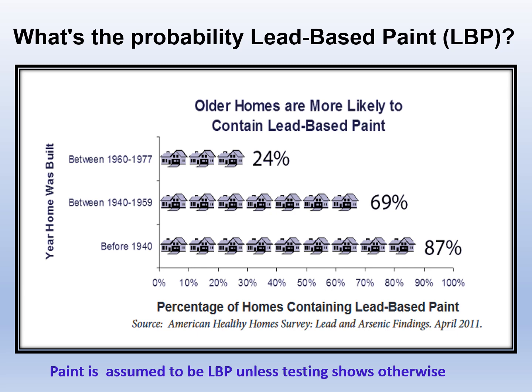So why the big drop off between 1960 and 1977? Actually, beginning in the mid 1950s, they started to phase out a lot of the lead-based paint in cities and certain municipalities.